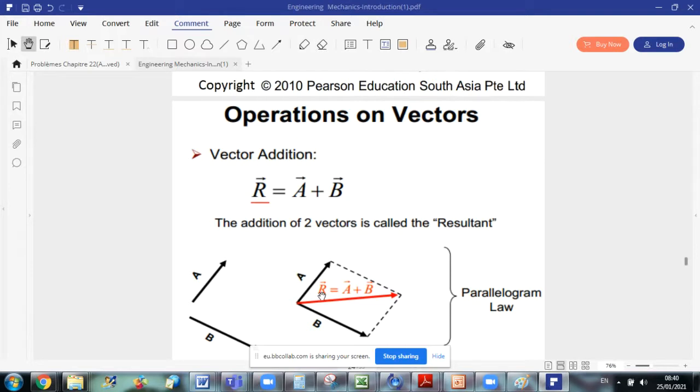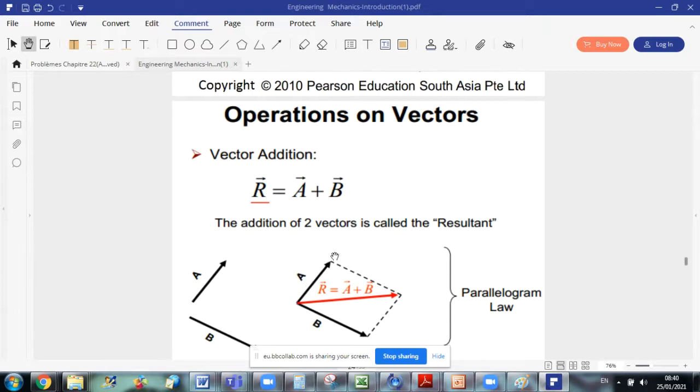First, for the geometrical way, as the name indicates, I am using geometry to do the addition. If you have two vectors A and B, they don't have to have the same point of application, but if I want to add them, I will start from one point.